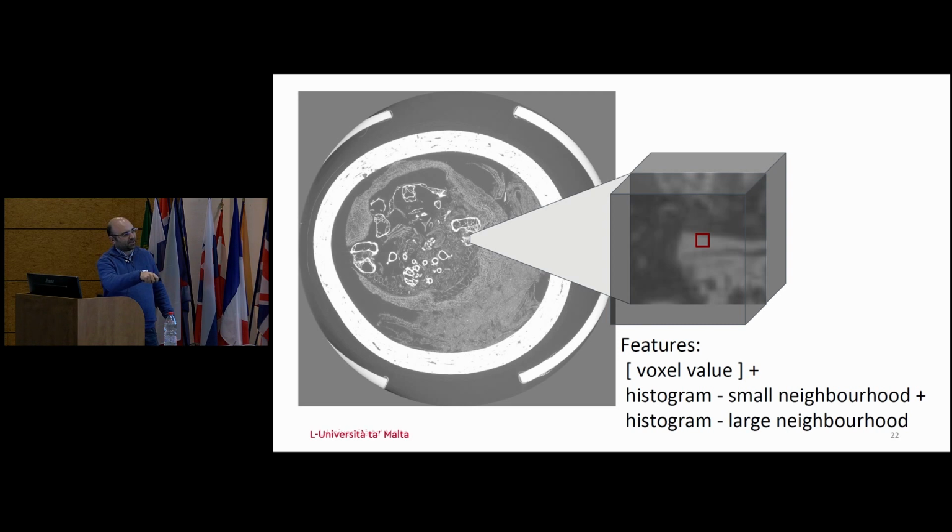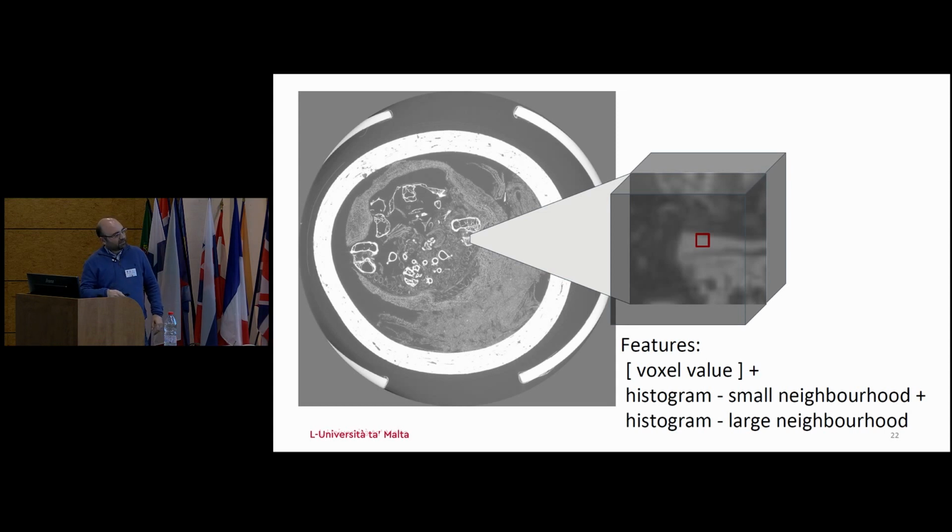Then a histogram of a small neighborhood, a small cube around that voxel. By histogram, I mean the frequencies of different ranges of intensities in a cube. And another histogram of a larger neighborhood. So it's like two levels of detail: there's a bird's eye view, and there's a more fine-grained view.